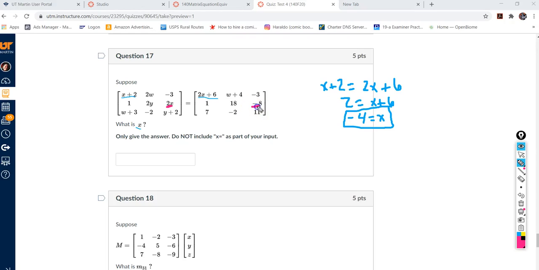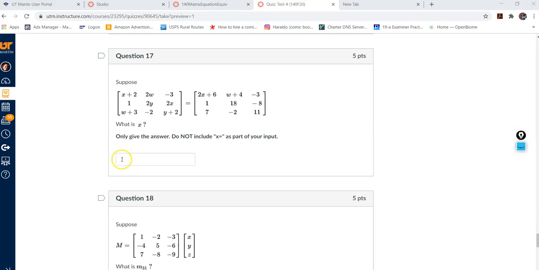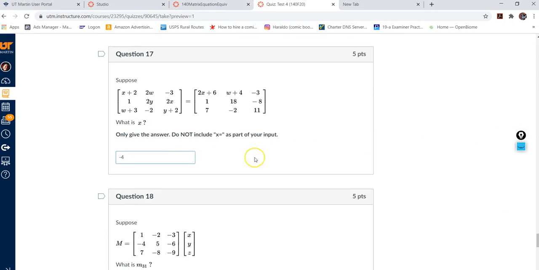If these two matrices are equal, they have to have the same dimension and they have to have the same entries. And so I have to have that 2x is equal to negative 8. And we can see if x is negative 4, that is definitely satisfied. So I don't have anything else with x, and I was only asked for x. So x is negative 4, and it just says only give the answer. Do not include x equals as part of your input.